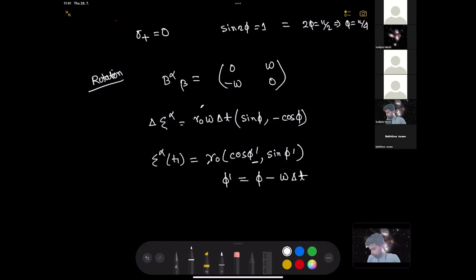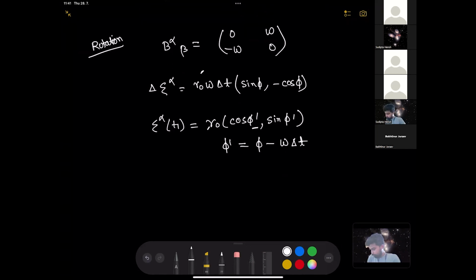Here delta t is the duration of time change from t0 to t1, and omega is the twist parameter. And this phi was the initial angle of the radius vector. So we can clearly see that there is a rotation.